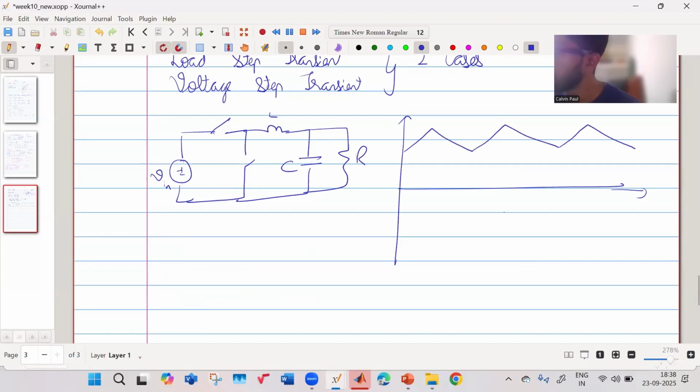In steady state, this is how your inductor current looks. It will go like this, one minute. So this is your average current. Okay, so your capacitor current will be something like this. This will be your capacitor current.